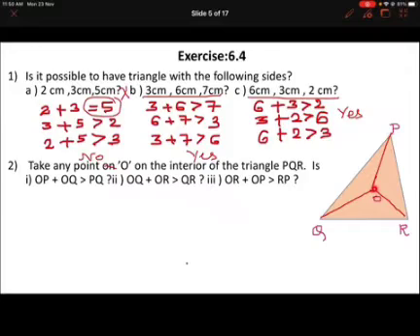Yes, because you can see with this point inside the triangle, we could still draw or construct three triangles. Here you have one triangle, here you have one, and here you have one. So all these conditions are satisfied. So you can write yes, here also yes, and here also yes. Did you understand?